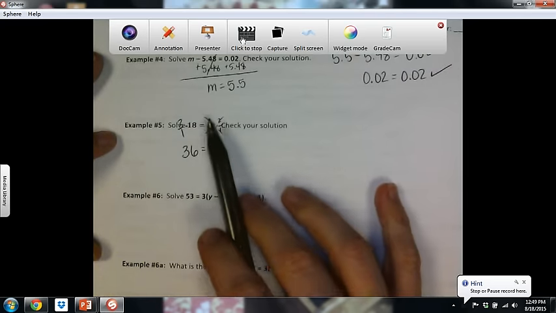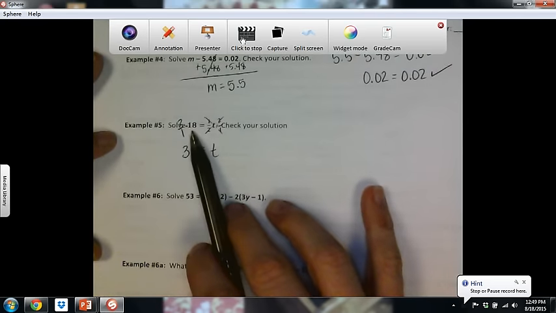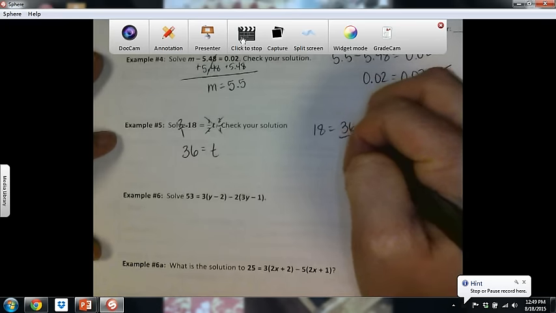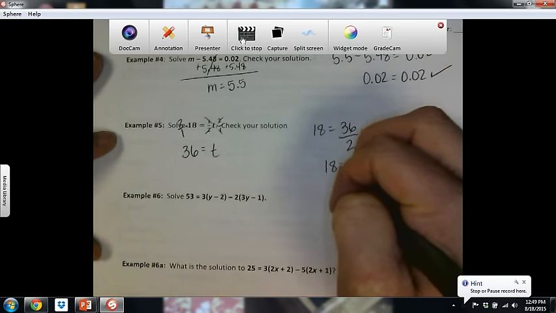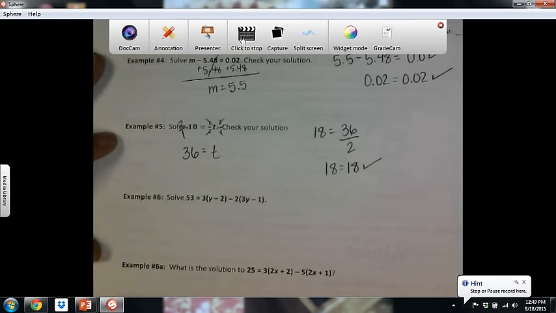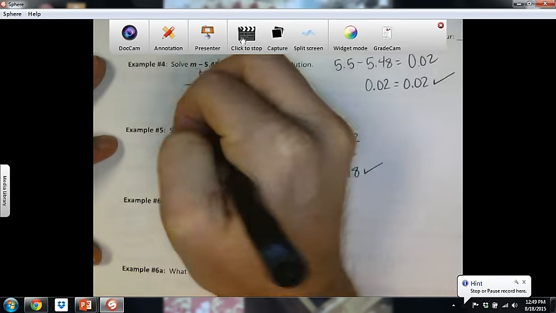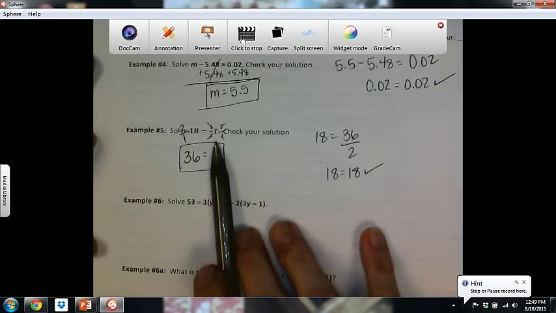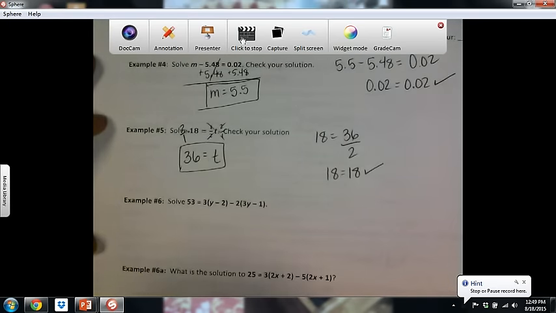If I plug that back in, 36 divided by 2 is indeed 18. So that's my check. 18 equals 18. Final answer. I should go back and box these in. On a problem like this, if you're multiplying by a fraction, to move the fraction to the other side, you want to multiply by the reciprocal.